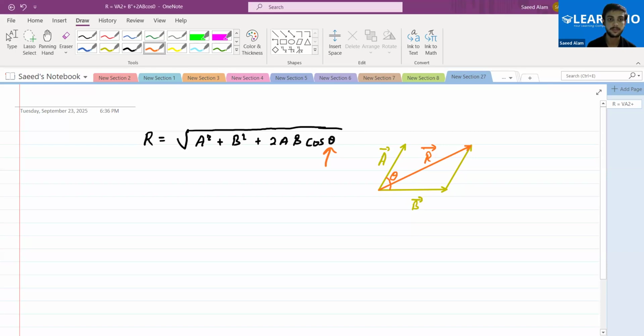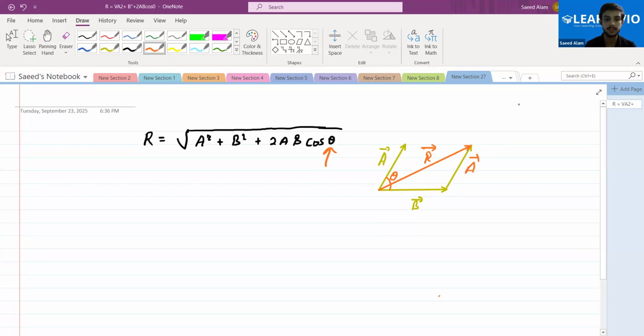Yes or no? Yes. Okay, so only then were we going to achieve this particular figure. Yes or no? So that means I need to shift the A to this side. Only then can I find out the magnitude. Yes or no? And for the angle, what do I need to do?